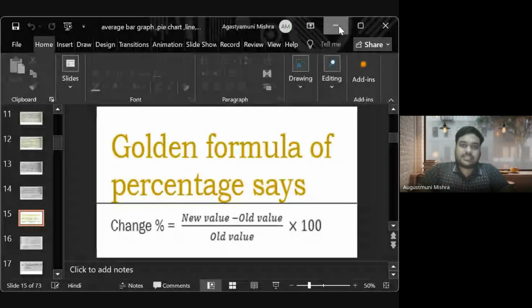Before starting the previous year questions and other questions of this topic, I'm just going to give you a brief idea about the basic diagrams, the basic things which we use in data interpretation. I'm just sharing another slide to give you a brief about that. Then we will continue with our solutions of previous year questions and the examples.